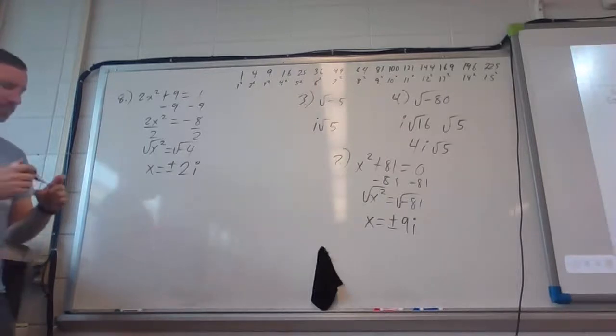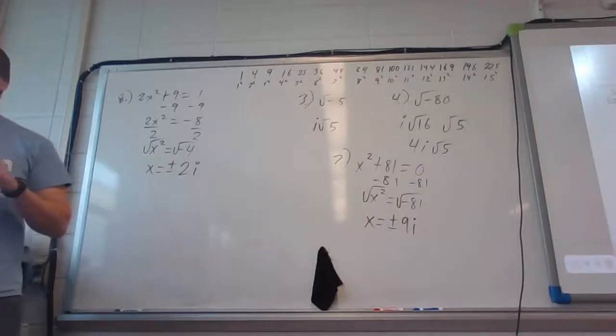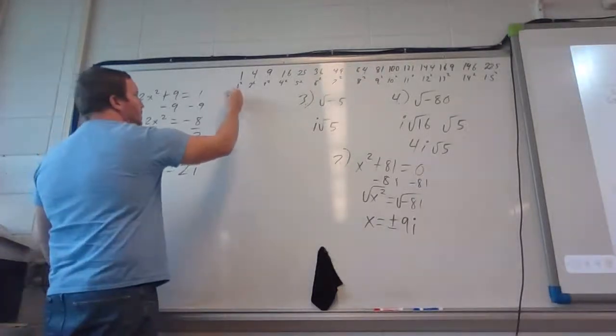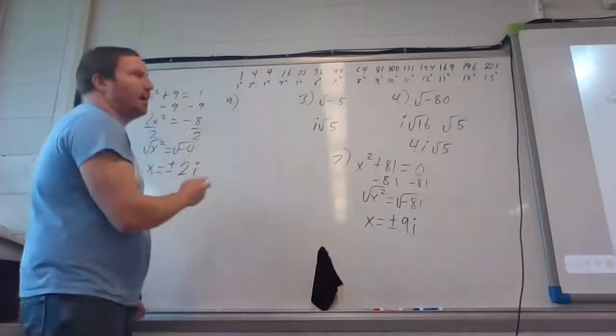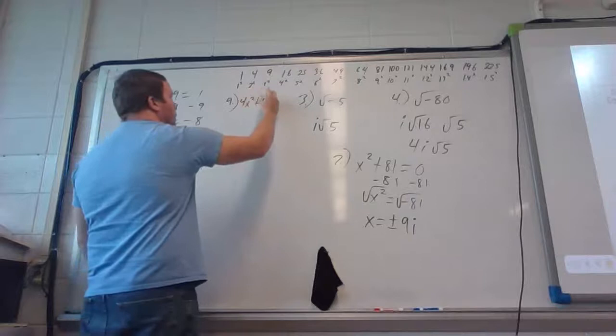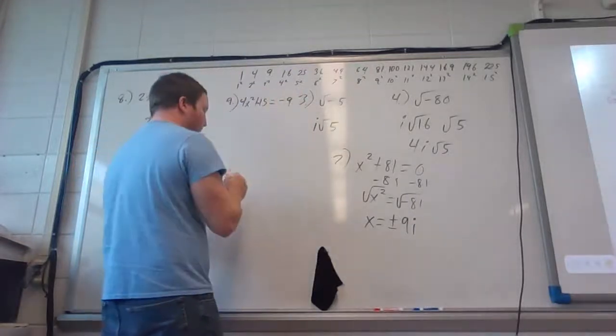Not too bad. Do we want to do 9 or 10, or are we good on those? Let's do 9. So number 9, we got 4x squared plus 15 equals negative 9.